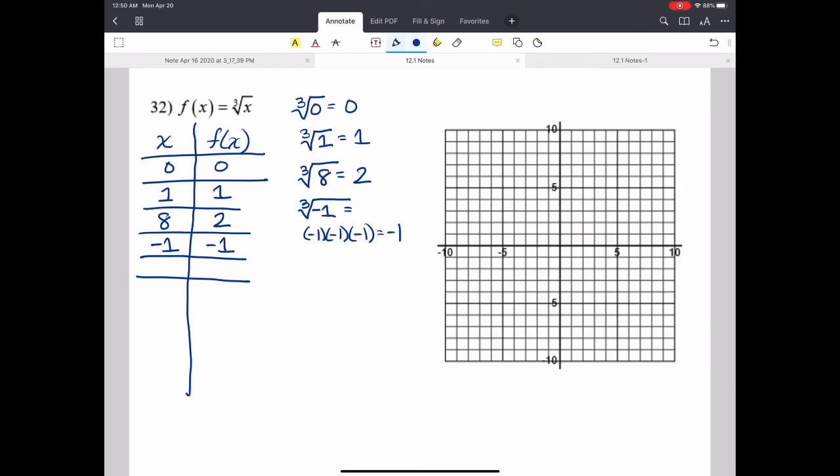The cube root of negative 8 is going to be negative 2, because negative 2 times negative 2 is positive 4, and positive 4 times negative 2 is negative 8. So that works. So now if I graph these, all right, we've got 0, 0, 1, 1 is right there. We have 8, 2.